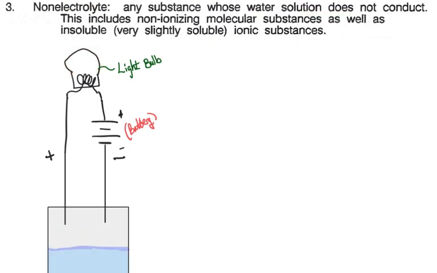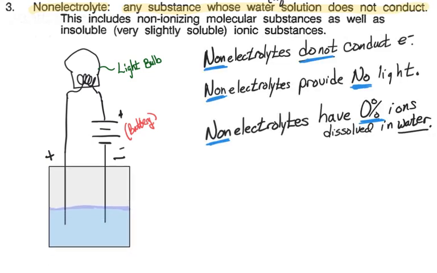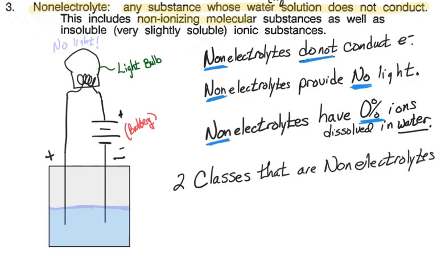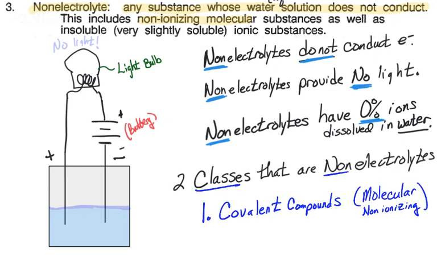And that leaves us with the non-electrolytes. Non-electrolytes are any substance whose water, aqueous solution, does not conduct electricity. These include both non-ionizing molecular substances, so those would be like carbon dioxide, those types of substances, molecular compounds that do not form ions, and anything that is insoluble in water.